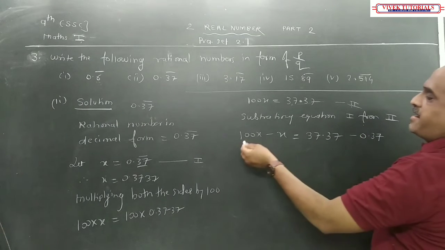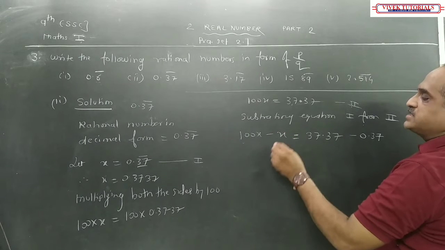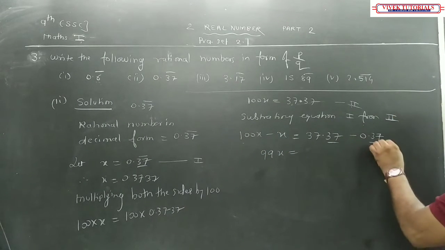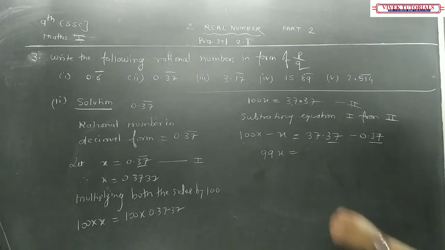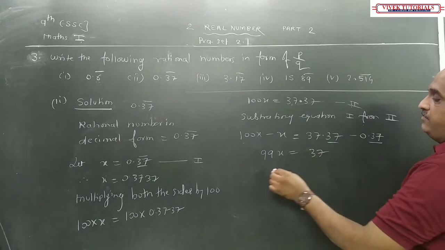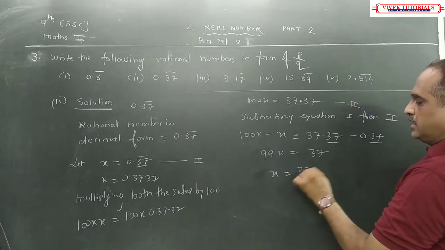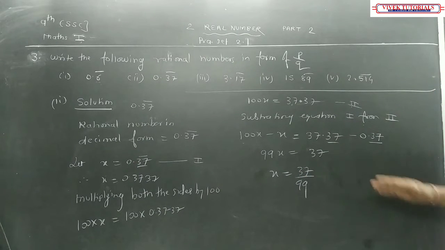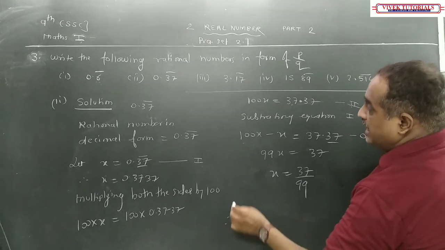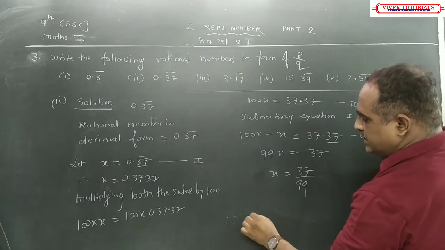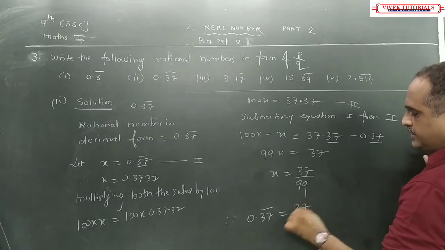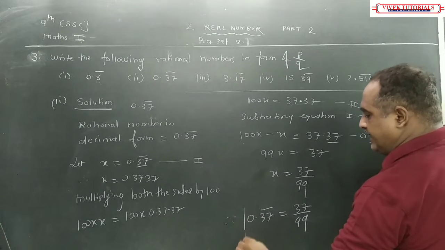So 100x minus 1x will become 99x, and this .37 gets cut. I will have only 37. So x is equal to 37 upon 99. If it is possible, then only cut it, otherwise keep it like this only. Therefore, in the form of p upon q, 0.37 recurring is equal to 37 by 99.